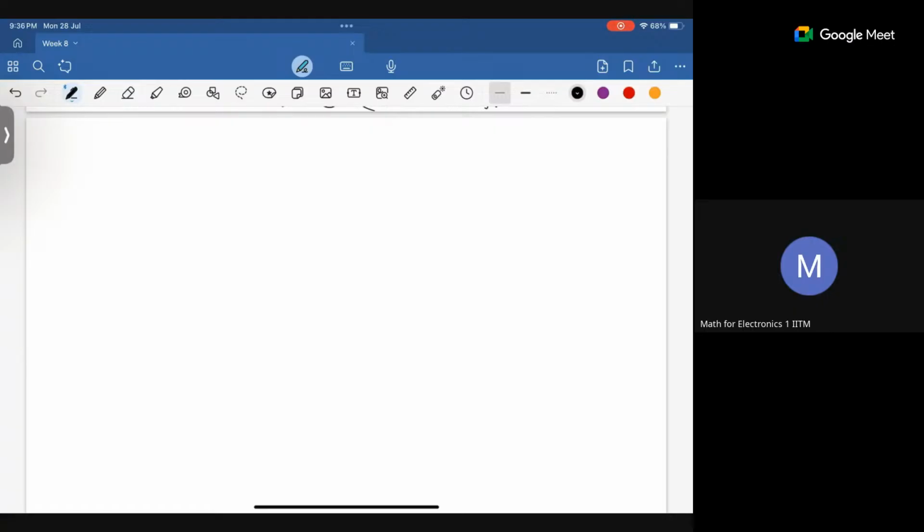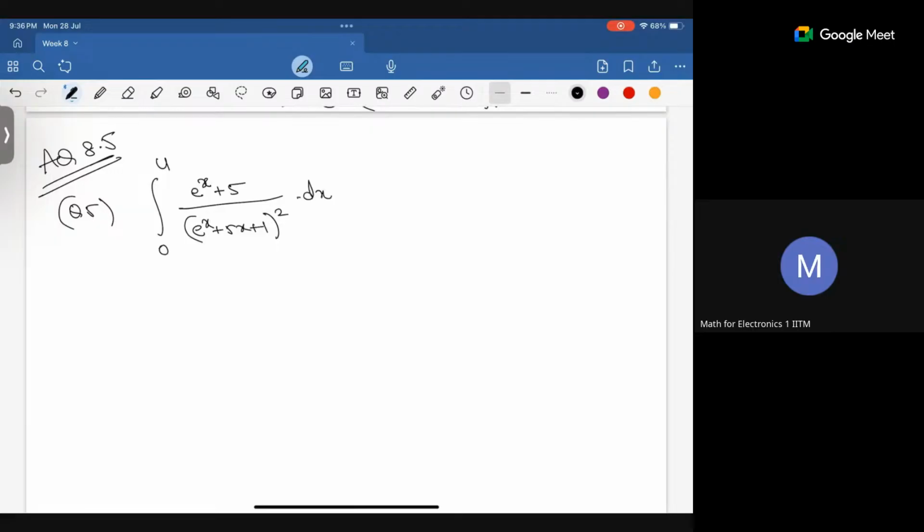Okay, so this is the integral from 0 to 4 of (e^x + 5) divided by (e^x + 5x + 1) whole square dx. Is this the question? Yes, sir, I did it, but I get a different answer. Okay, maybe I'll quickly do this.